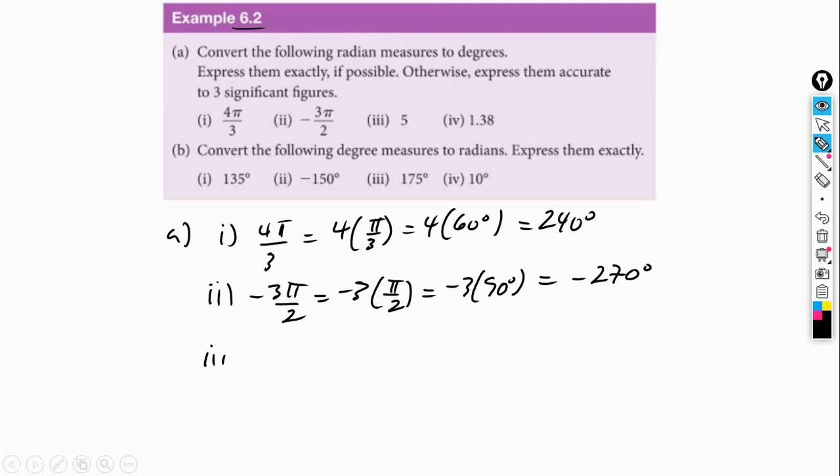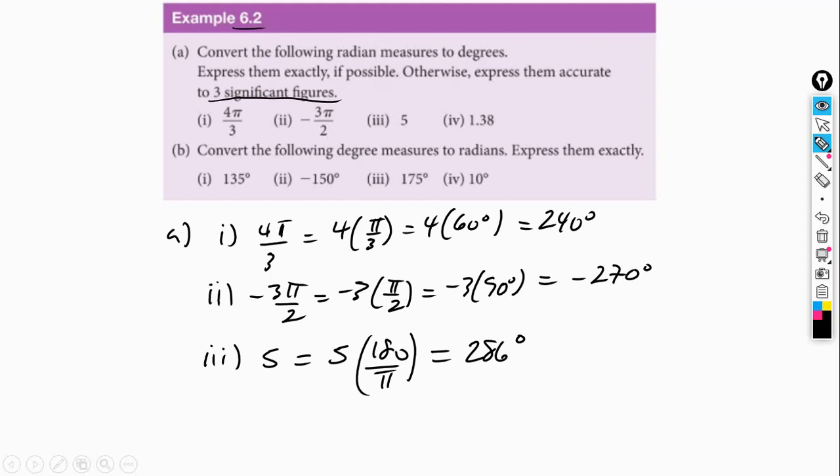For number 3, they want us to convert 5 radians to degrees. So notice that this is the same as saying 5 times 180 divided by pi, and this is going to be approximately 286 degrees to 3 significant figures, as they asked us to do here.